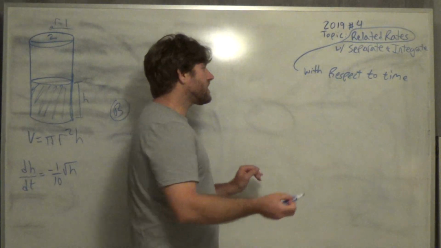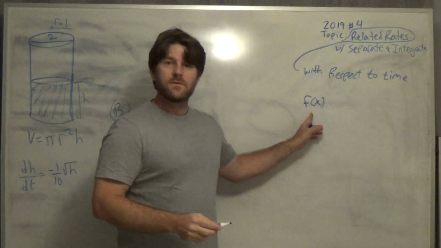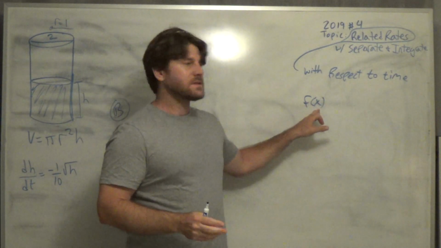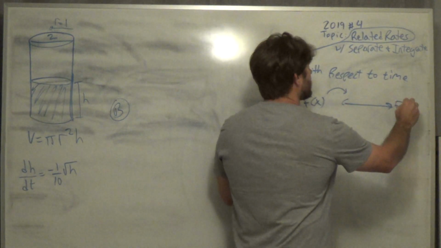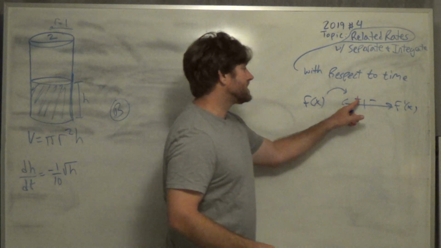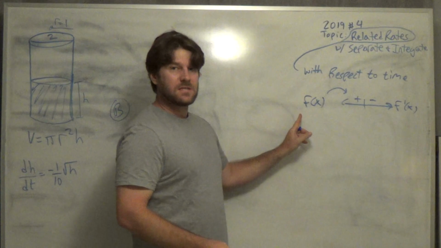Let's just say if somebody gave you f of x and they said, is f of x increasing or decreasing? What would tell you if f of x is increasing or decreasing? It would be a sign chart of f prime x, right? When f prime x is positive, f of x is increasing. If f prime x is negative, f of x is decreasing.